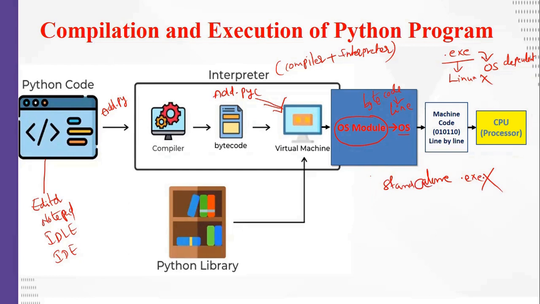What happens is that the Python interpreter, or PVM, the Python virtual machine, takes each line of the bytecode one after another and straight away executes the code. That is the reason you will not find a standalone exe file when you compile and execute the Python program.